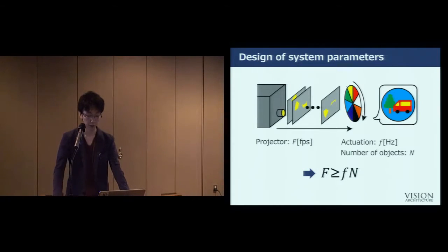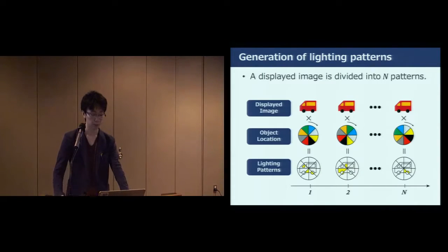Since the projection sequence has to be finished in small time of persistence of vision, the frame rate of the projector must be larger than multiplication of actuation frequency and number of objects. For example, if we want to use 10 objects for video rate around 30 Hz display, you have to use projector with more than 300 FPS.